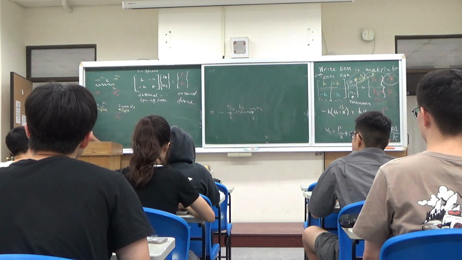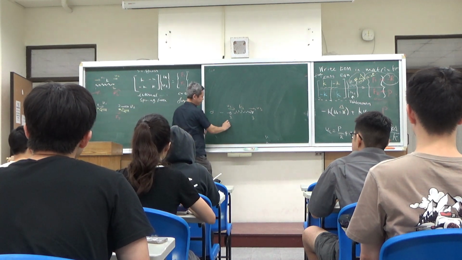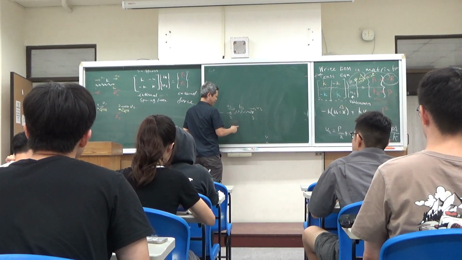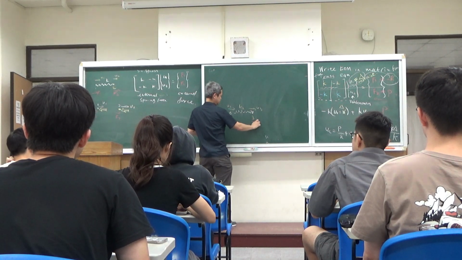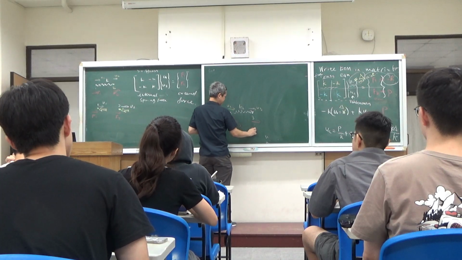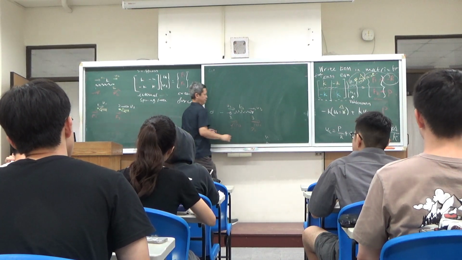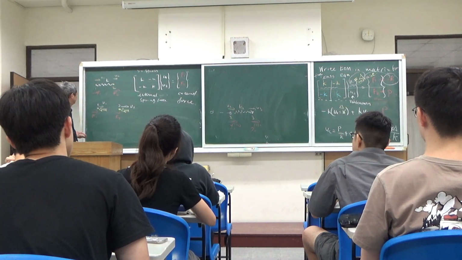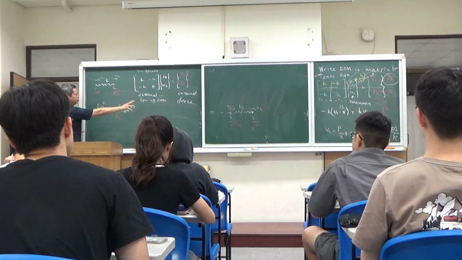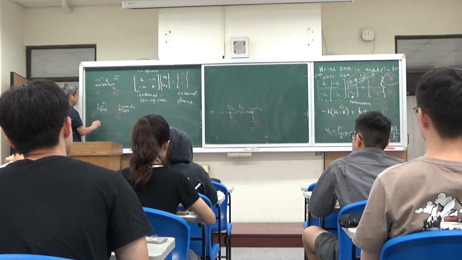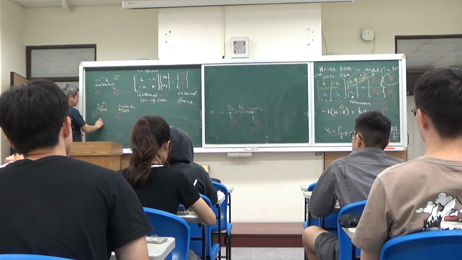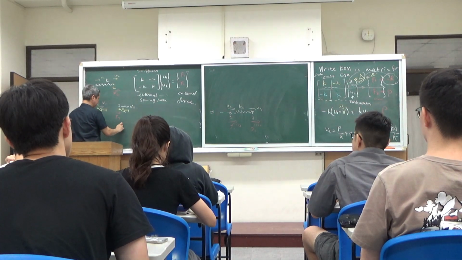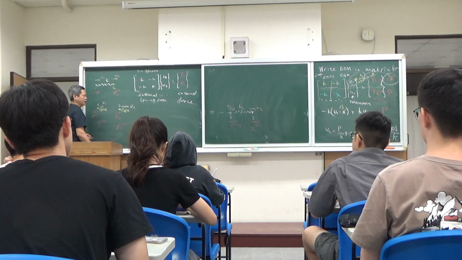In this case, I still define this as F1 on the left and F2 on the right. Since I'm going to do the combination of the two, I can't express this as capital F1, so I'm expressing it as lowercase f1 and lowercase f2.